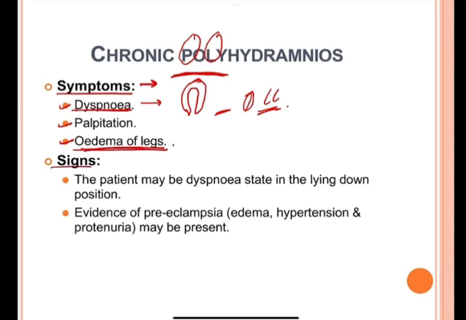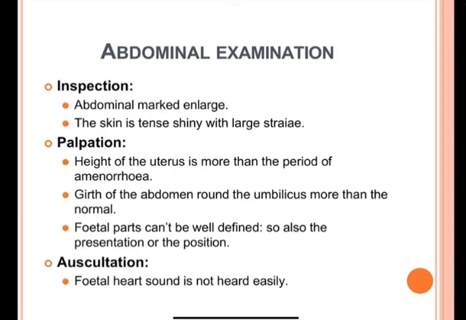Okay. Various signs that we will see in polyhydramnios are: the patient will be in a dyspneic state in lying down position, and evidence of preeclampsia like edema, hypertension, and proteinuria may be present. On abdominal examination, how are you going to know clinically that the patient has polyhydramnios? On inspection, what will you see? There will be an enlarged abdomen. It will be markedly enlarged.